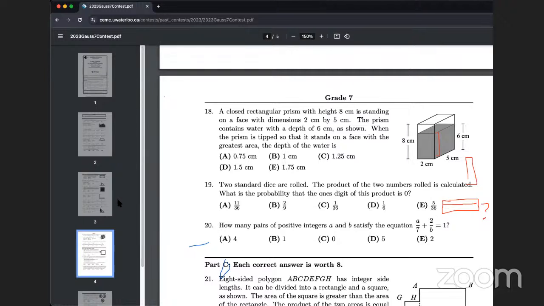So I'm pretty sure we first have to find, since it says it stands on the face with the greatest area, the greatest area of the prism. Yeah, this side. So it's 40. Equals 8.